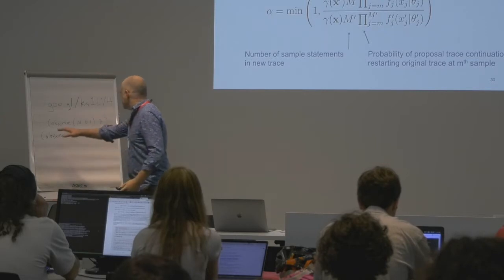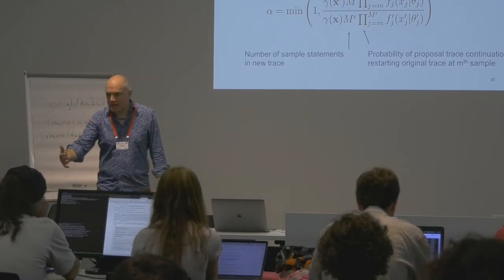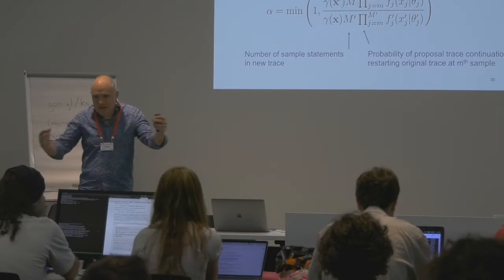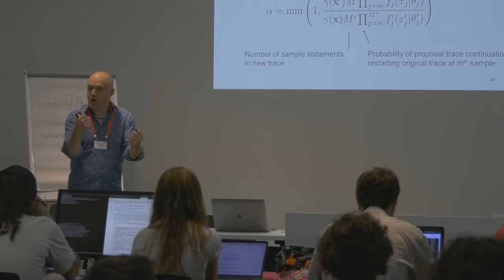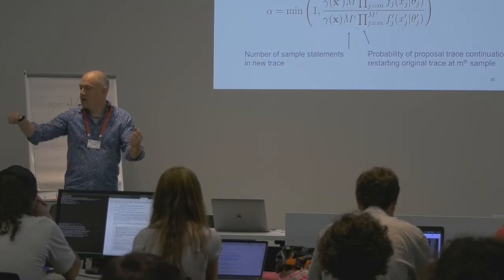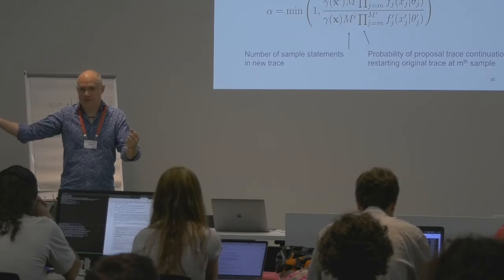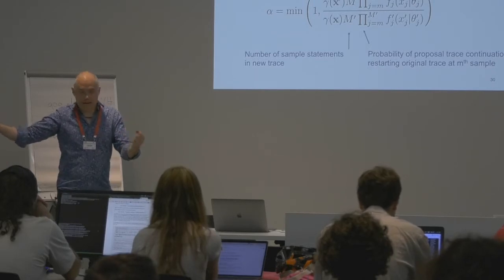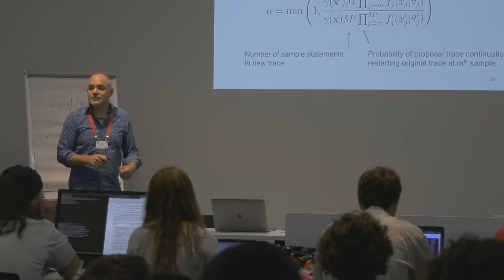So while executing the program, we're going to compute a very complicated side effect called a random database, which is a database consisting of the values of every single sample drawn and the log probability of every sample drawn, and the type of the thing that it was drawn from, and the address at which it was drawn. Given that information, computing all of the terms in this expression is actually very, very easy.